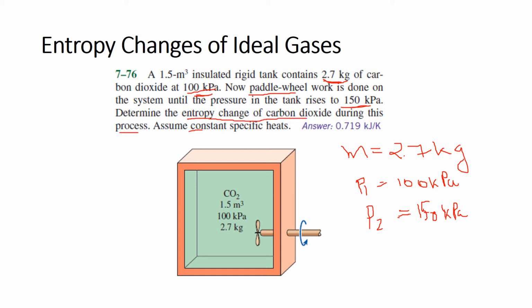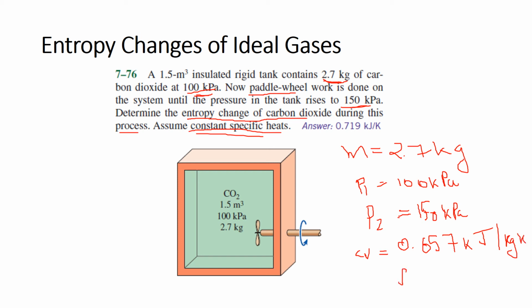What is also given? Assume it has a constant specific heat. So Cv is constant. That means it's not depending on the temperature. It's a constant value. Okay, so Cv is equal to 0.657 kilojoule per kilogram Kelvin.